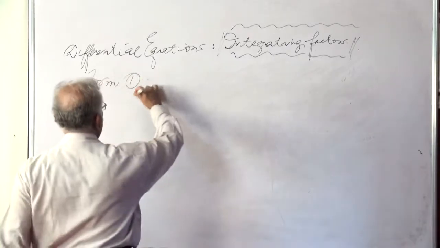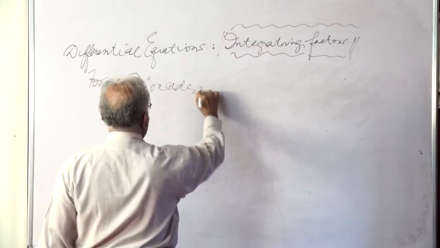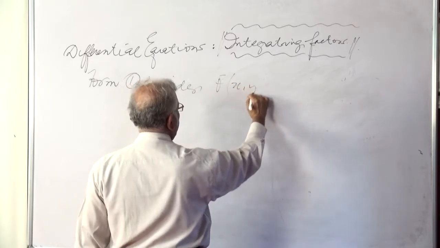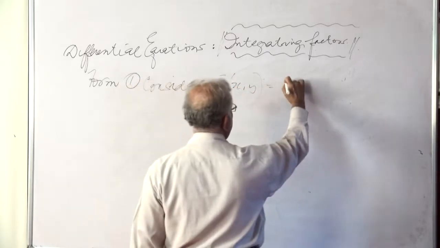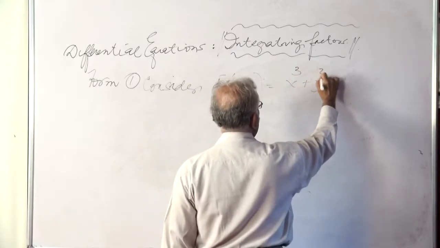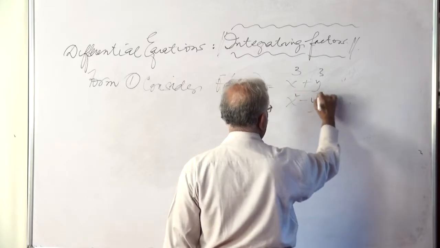Consider f(x,y) as x cubed plus y cubed over x squared minus y squared.